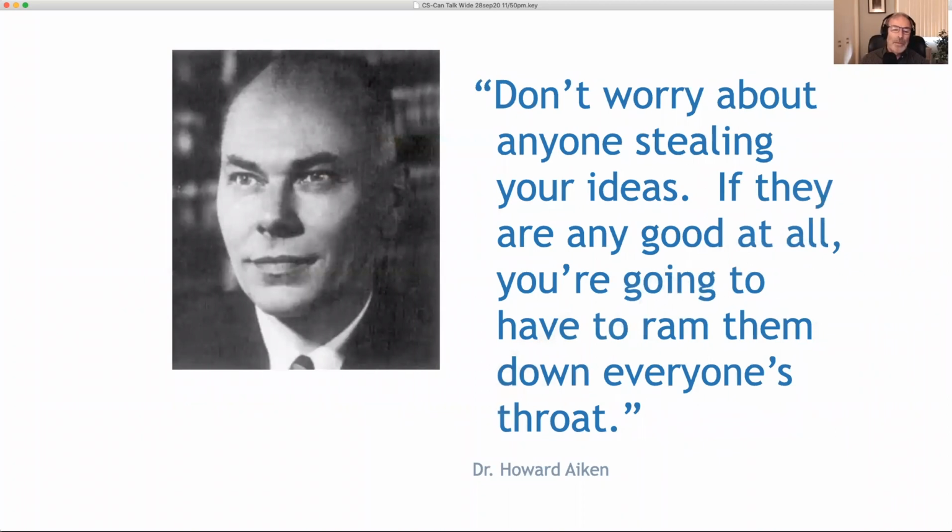Well, an interesting thing I ran across was a quote from Dr. Howard Aiken, early computer scientist, who said, "Don't worry about anyone else stealing your ideas, because if they're any good at all, you're going to have to ram them down everyone's throat." In other words, if you've got a good idea, you shouldn't be too surprised that people won't accept it.